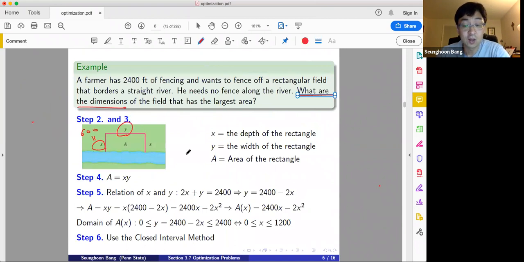How can you find the Y? We can use this relation. You plug 600 into here.